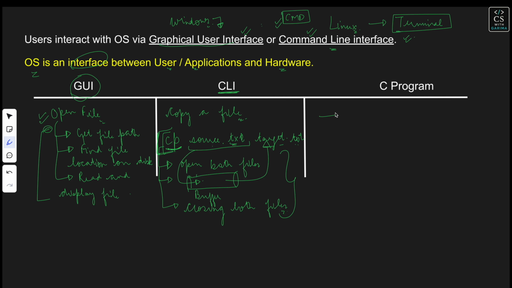The job of this program is to say print hello to the screen. Now, once this C program has been written, the next step would be to compile the C program. The C compiler already knows what are the exact instructions that it needs to perform so that hello gets printed onto the monitor.